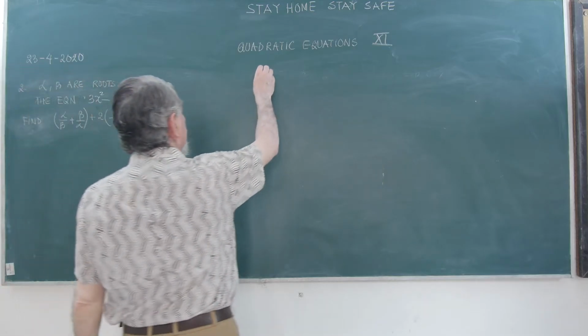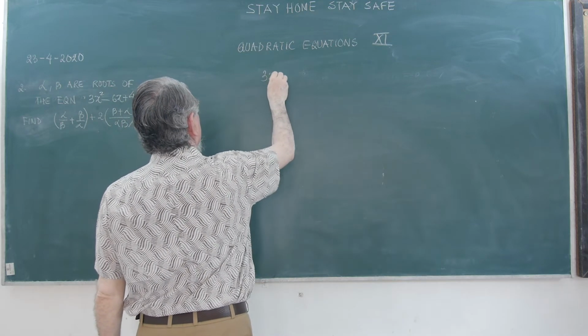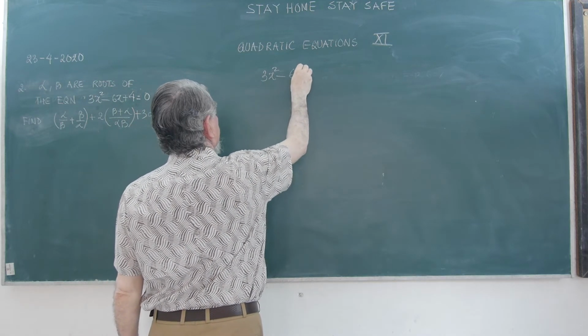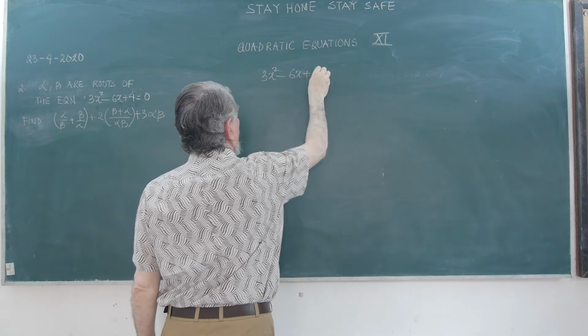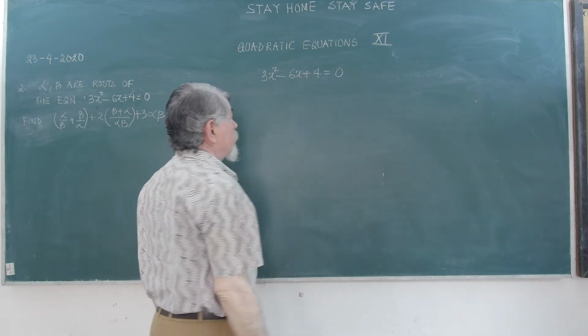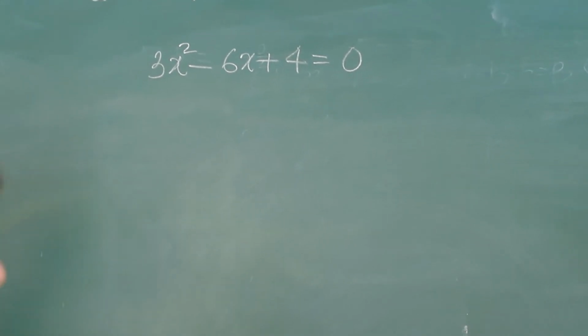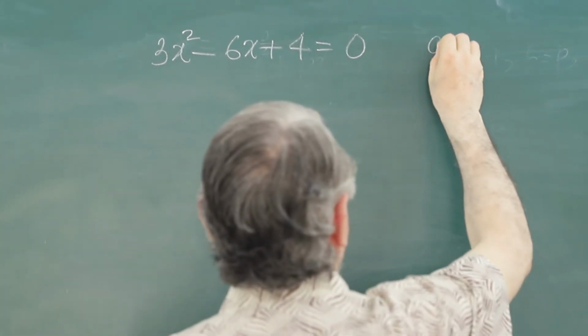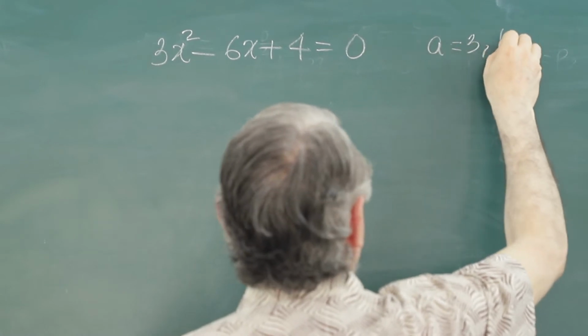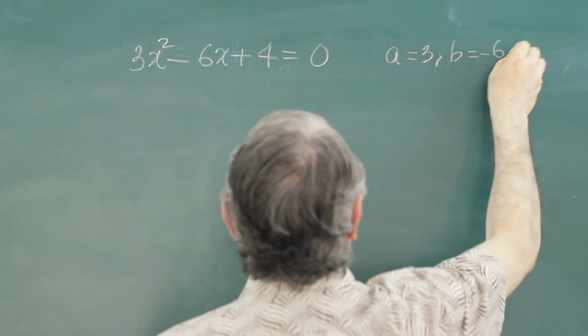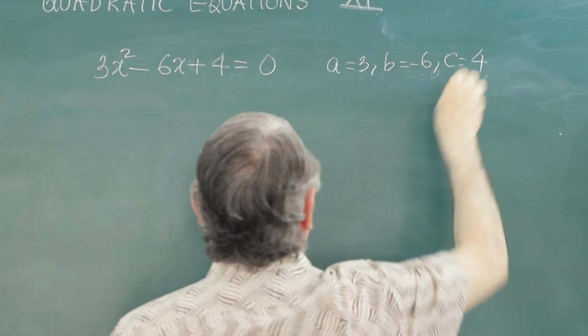Now equation is 3x square minus 6x plus 4 equal to 0. So let us write the value of, first of all, a, b and c. A is 3, b is minus 6 and c is 4.